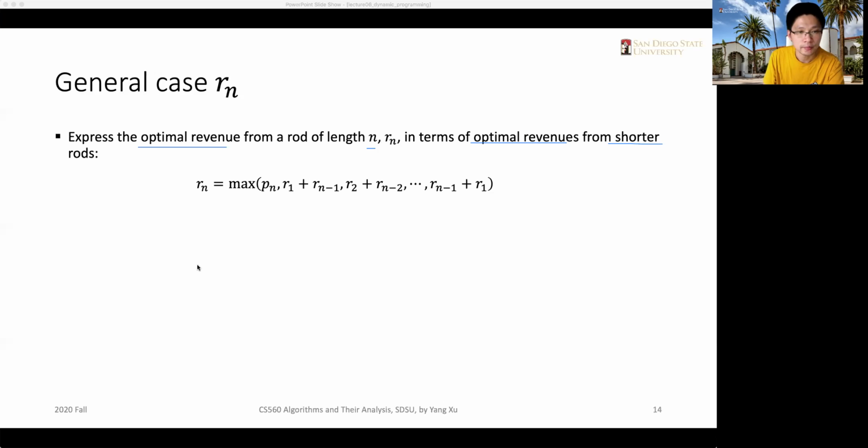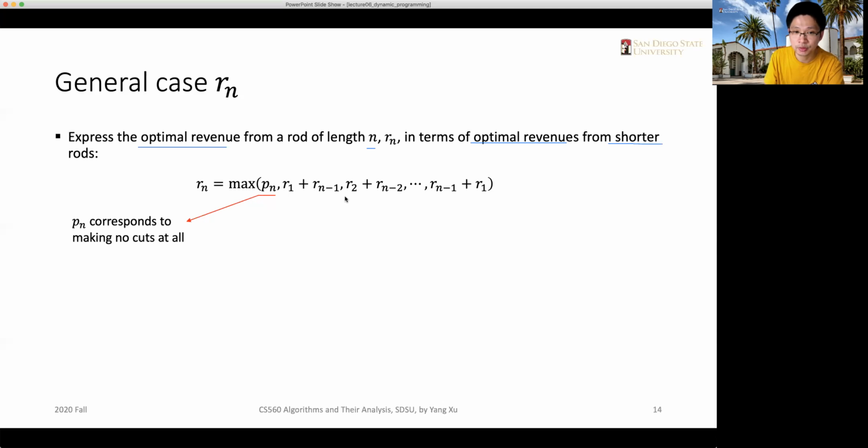So here, Rn is the maximum among Pn, R1 plus Rn minus 1, and R2 plus Rn minus 2, and so on, until Rn minus 1 plus R1.